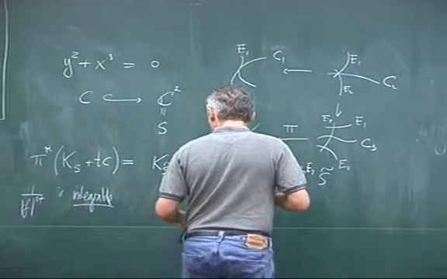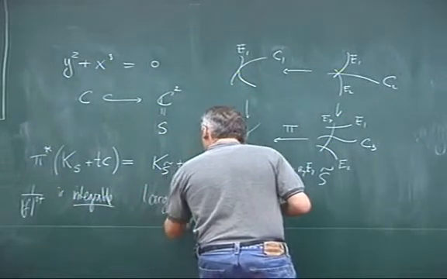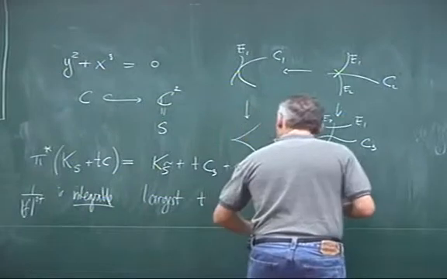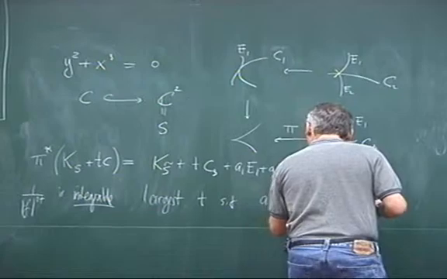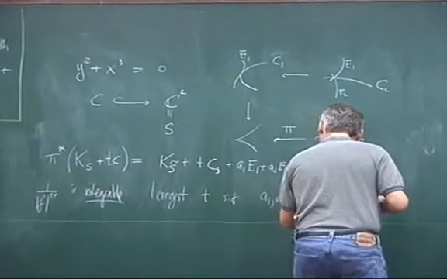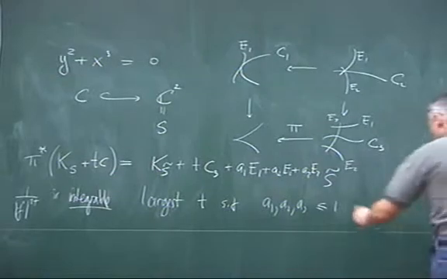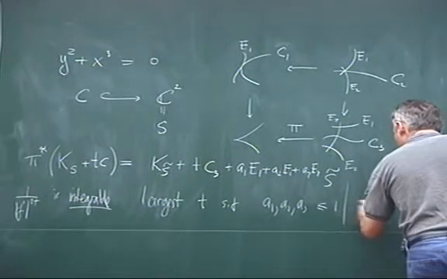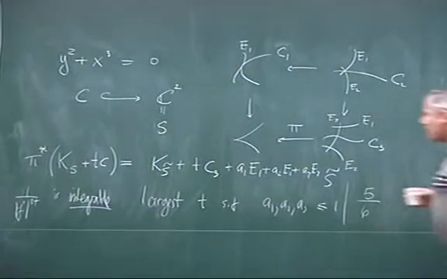So you just want the largest t such that a1, a2, a3 are less than or equal to 1. And you do the computation and you get 5/6.